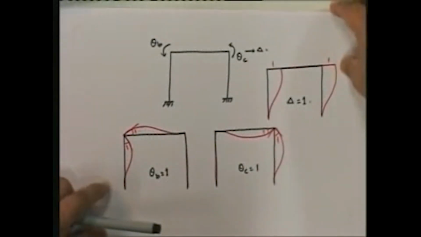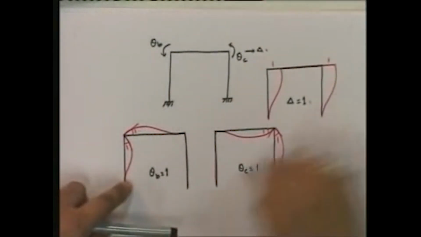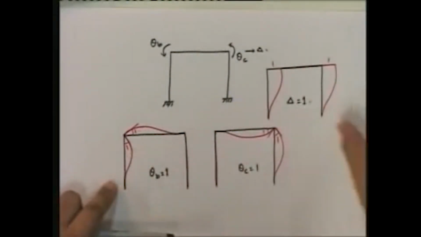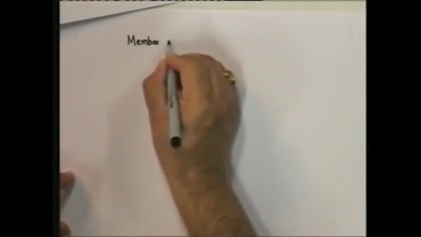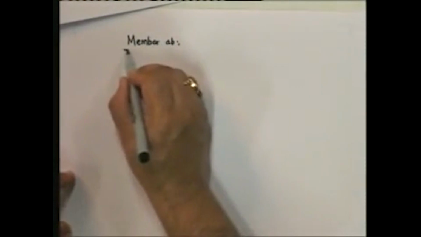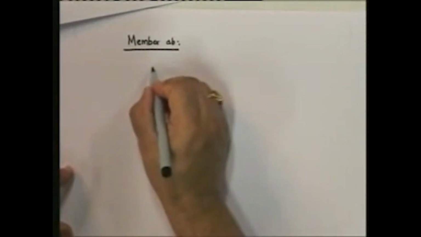Okay? And now, with this, look at how their deformations go. I am now going to write down the kinematic relationship for member AB.